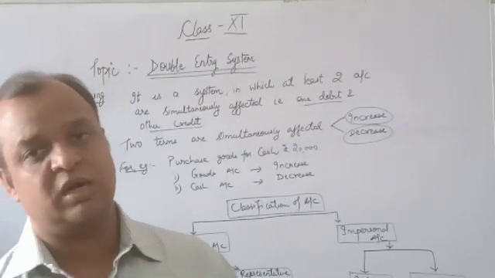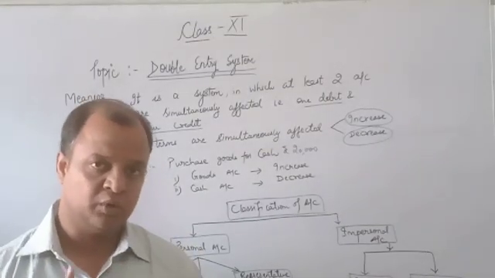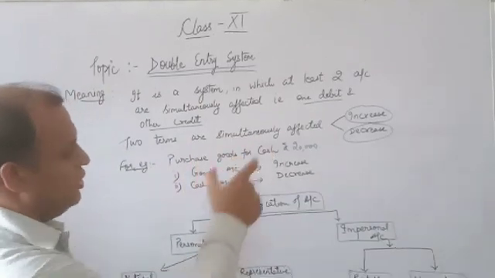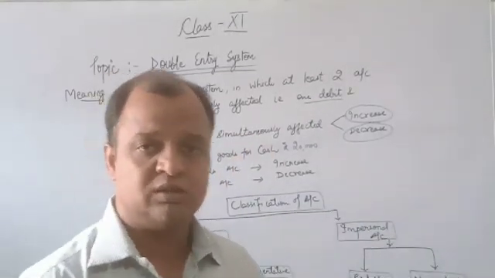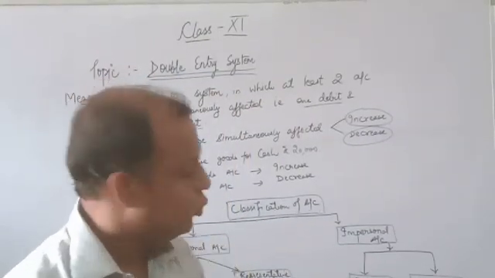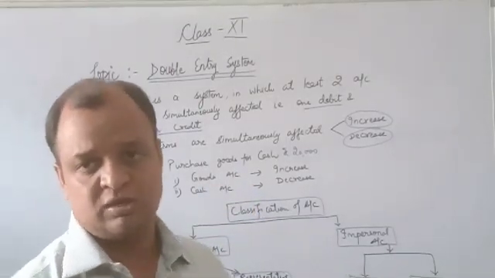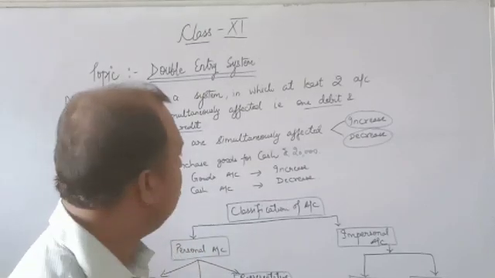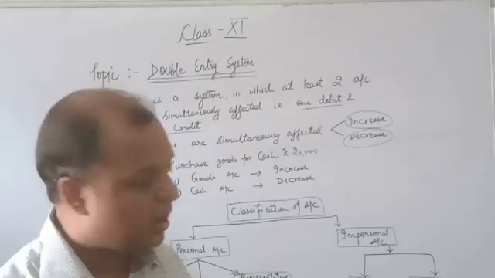I have taught you this in the cycle of accounting. Do you remember? Now this transaction, purchase goods for cash 20,000, reflects that an amount of 20,000 is being affected in the business. Once it is affected in business, it is a business transaction which should be recorded. While recording, we will see the increase and decrease effect in accounting.